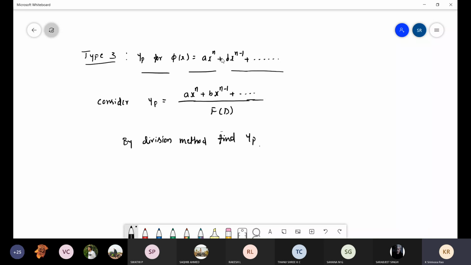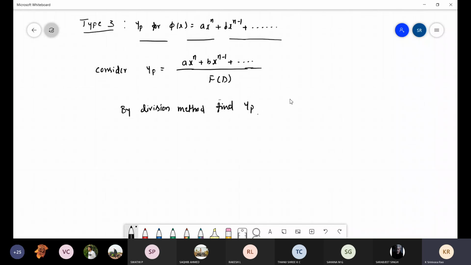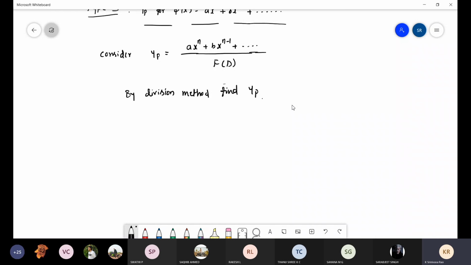Just take this because generally we can't explain this concept, so in the problem I'll explain. Just take the problems. Solve the following differential equation.